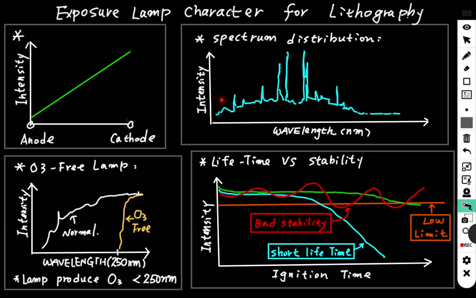How much wavelength we have, how much intensity. This shows the character of the lamp, to know the lamp can produce how strong light intensity at which point.